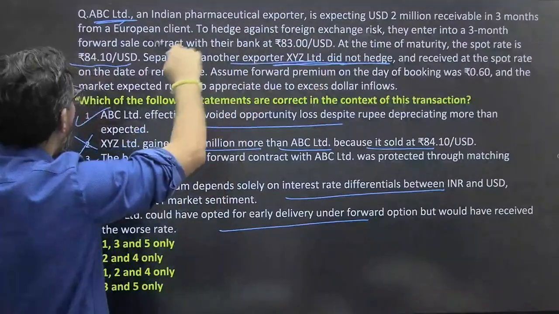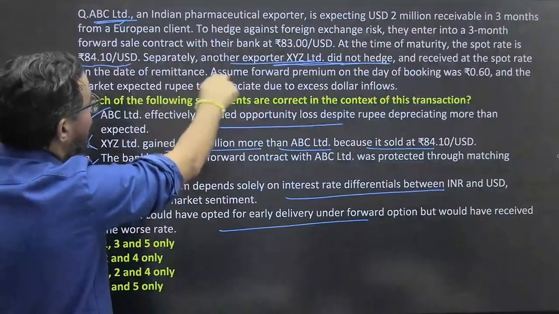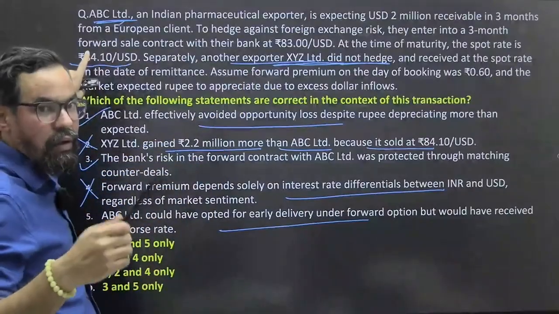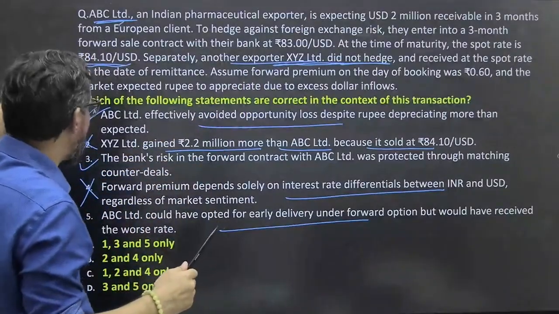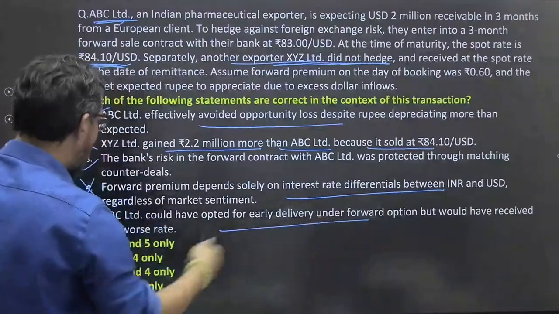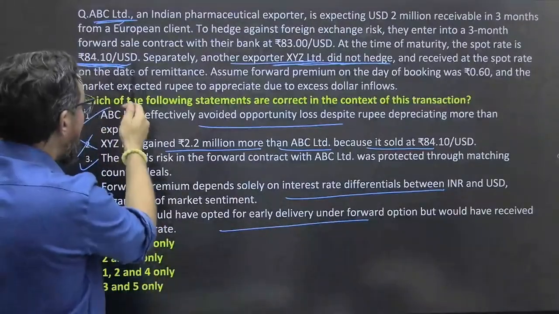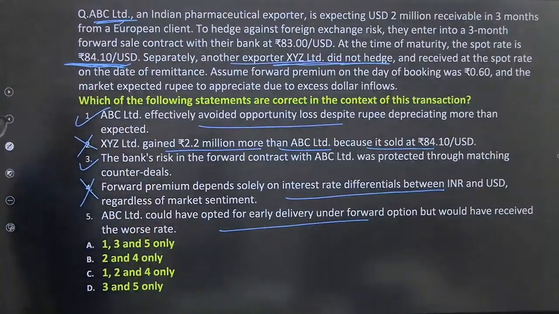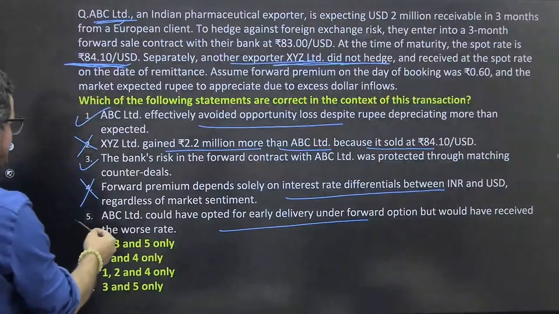Let's say if they went for early delivery, they got this particular one because this was the spot price. They would have received a worse rate, that is for $1 they used to get 84. This statement 5 is right, it should be right as per this one.